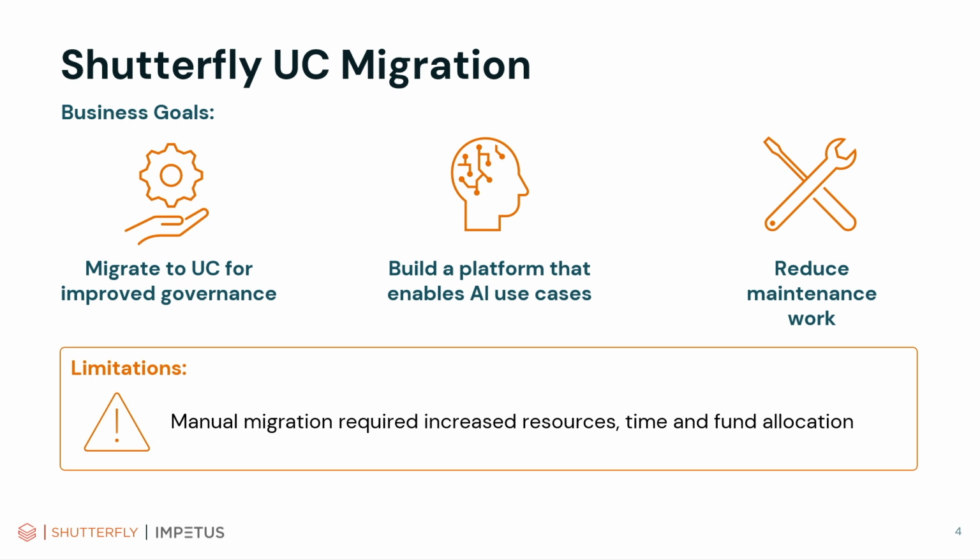So before we started the migration, we did a small evaluation and POC ourselves, and looking at the overall effort needed in terms of resources and time, we actually decided to work with a migration partner that has experience with UC migration, and that's where Impetus came in. So, instead of doing a manual migration, we leveraged some of the automation tools that Impetus offers.